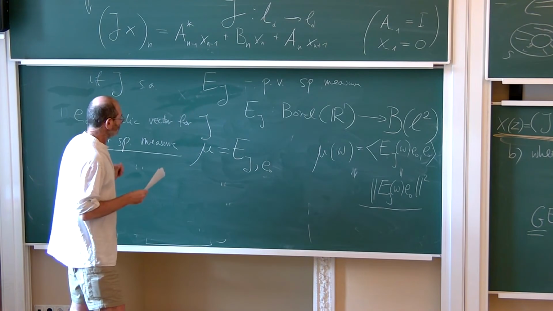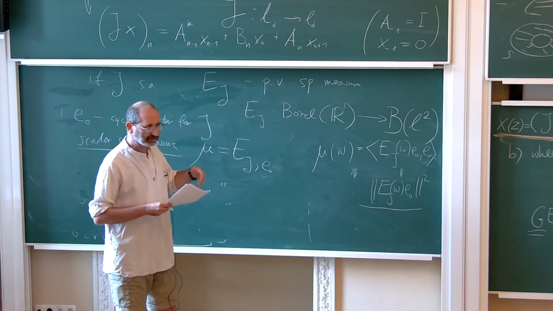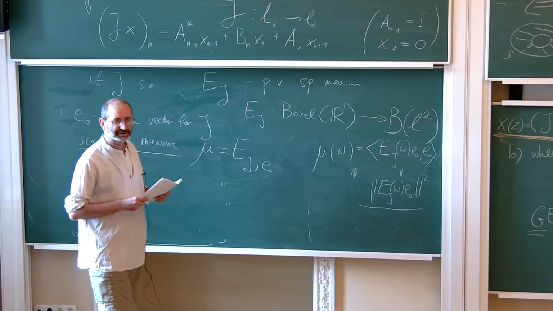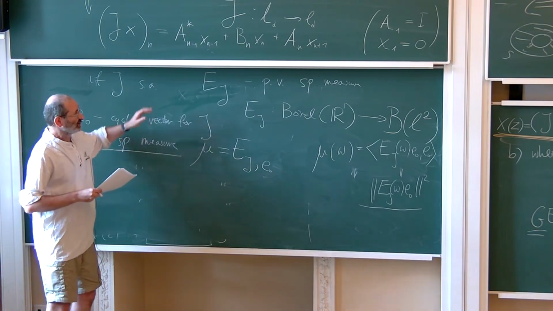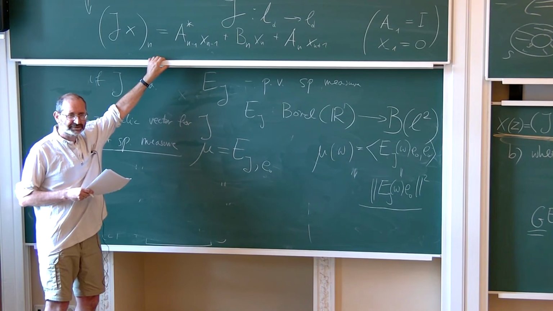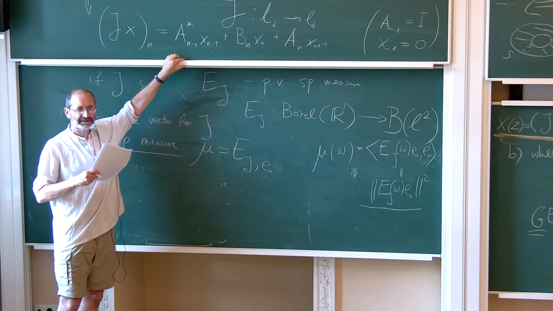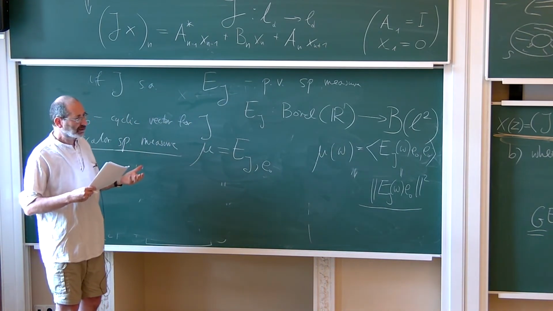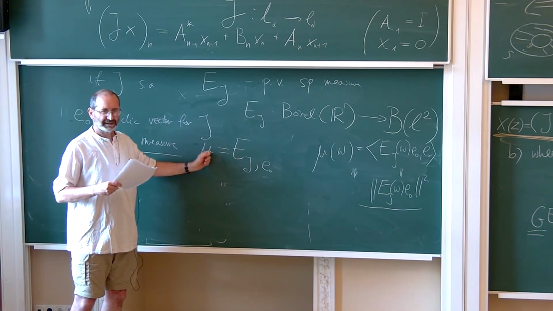Okay. So this is a very important object. It contains all the spectral information about the operator, and for instance, when we want to know something about the absolutely continuous part or the singular continuous part of this operator, it's enough to know the appropriate parts of this scalar measure.